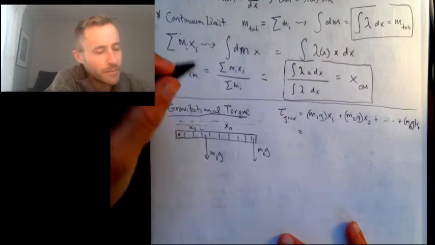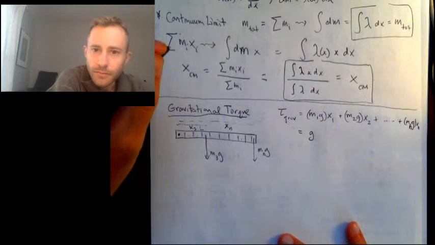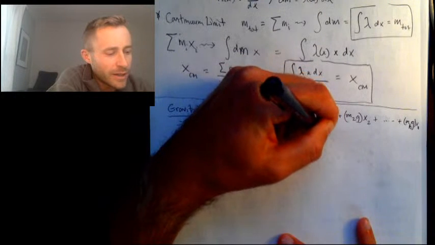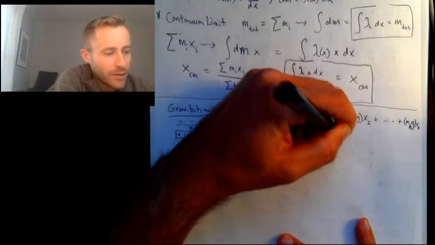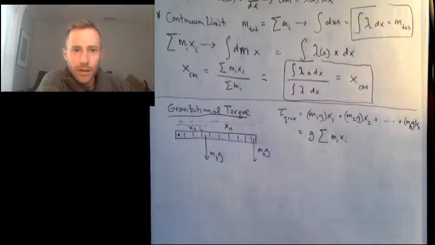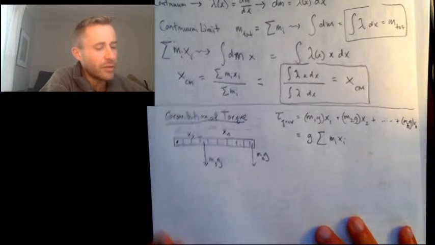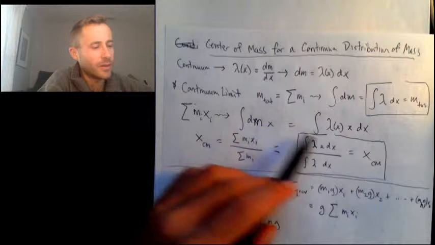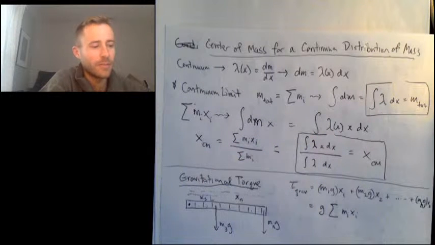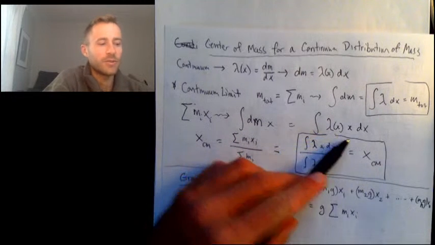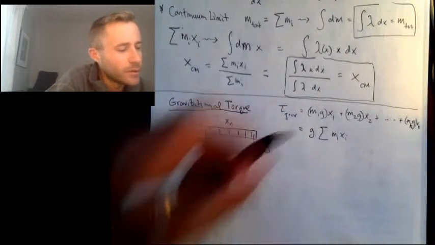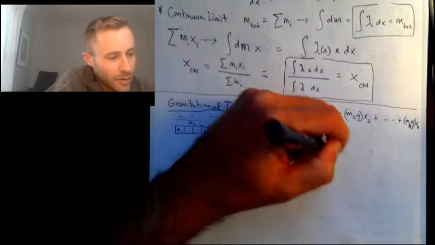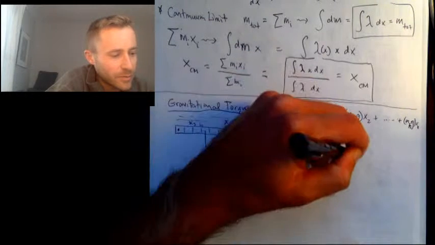Every term has g, so I can factor it out, and what I get is a sum over m_i x_i. If we take the continuum limit, the sum over m_i x_i becomes the integral of lambda times x dx. So in the continuum limit, this becomes g times the integral of lambda times x dx.